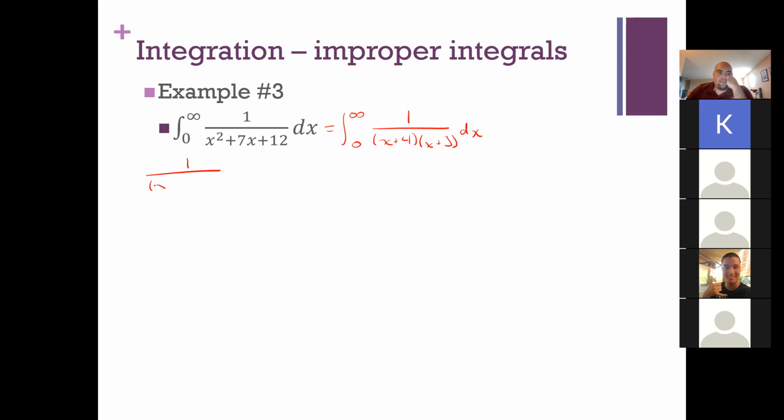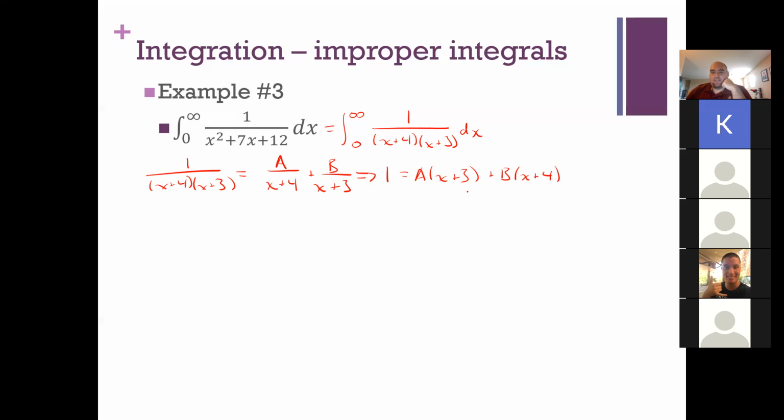So 1 over (x plus 4)(x plus 3) is going to be equal to what? Just split a line right down the middle. Yep, so this one has no special cases: 2 linear factors, nothing repeated. Then I multiply through, and I should have 1 equals A times (x plus 3) plus B times (x plus 4).